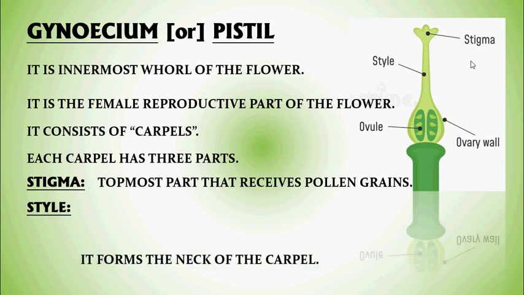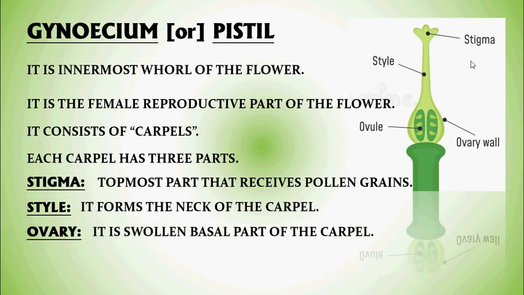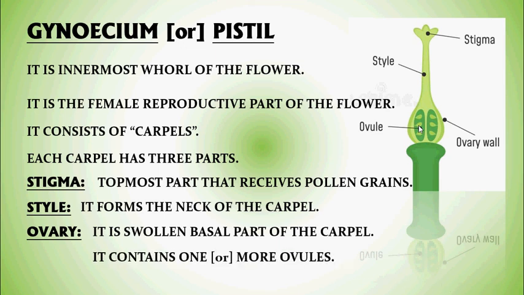Style. It forms the neck of the carpel. Ovary. It is the swollen basal part of the carpel. It contains 1 or more ovules. These ovules are also considered as future seeds.